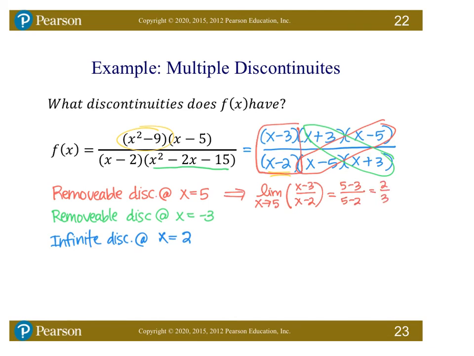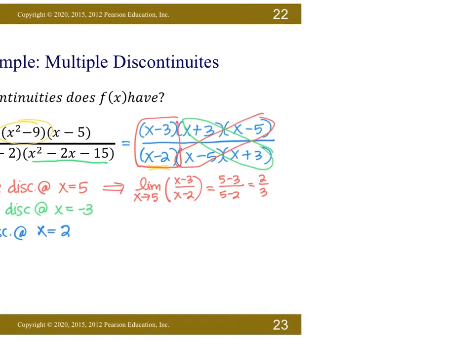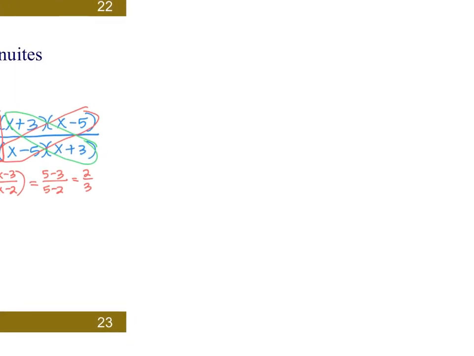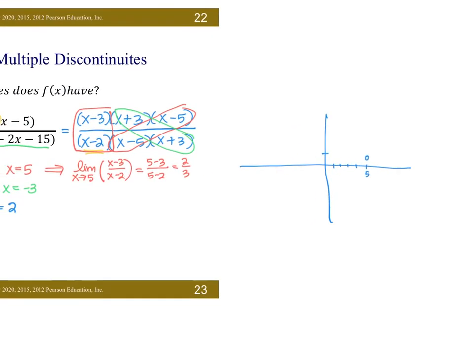That means on my graph, I am going to draw a hole, a removable hole, at the point 5, 2/3. 5 is the x value, 2/3 would be the y value. So as I sketch this, I'm going to go out to 1, 2, 3, 4, 5. Here's 1, and so 2/3 would be about right here, and I will have a hole right there at that value.